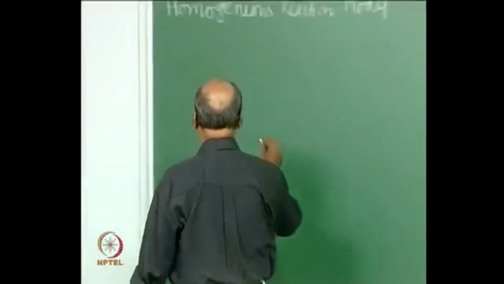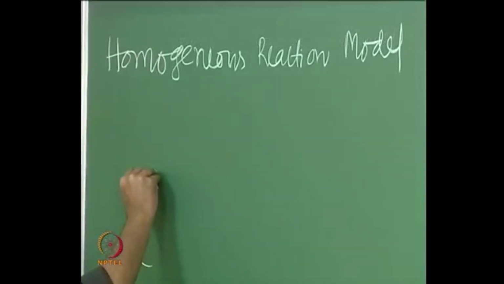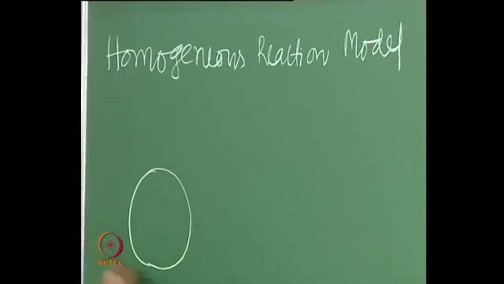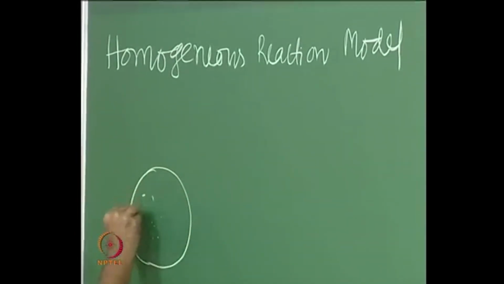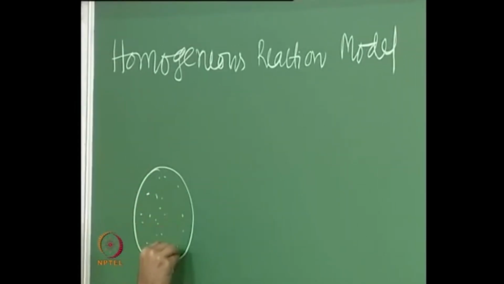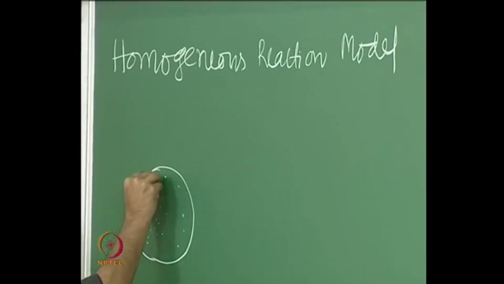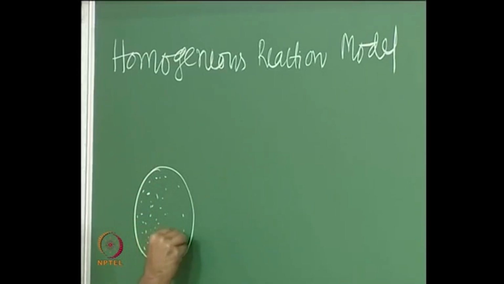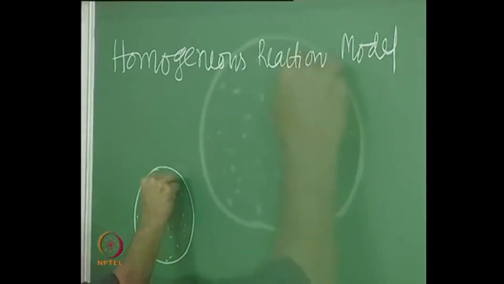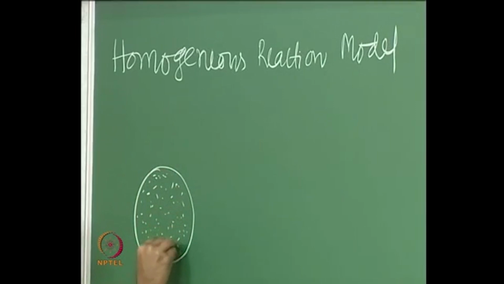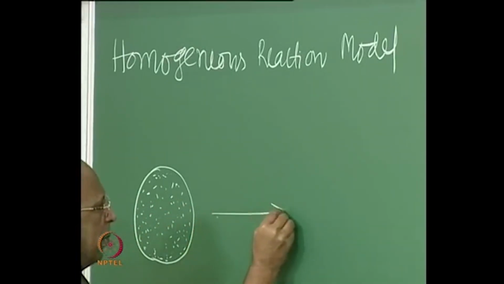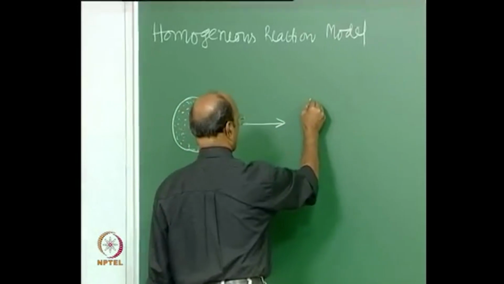So, we have a porous particle, something like this, then we have reactant B here, and after some time we have the same size particle.